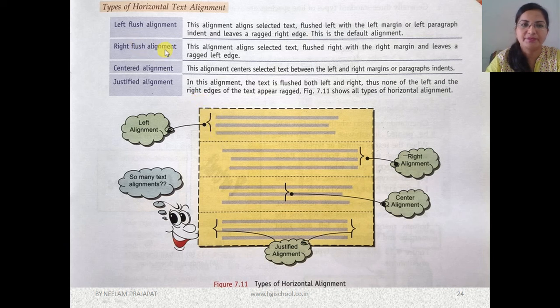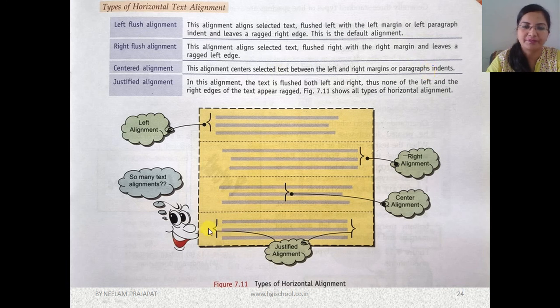Now right flush alignment means it aligns the selected text flush right with the right margin and leaves a ragged left edge. You can see the left edge is ragged over here, and all the text is aligned to the right. Now here it is center alignment, that means on both the left and right margins the text will be ragged.